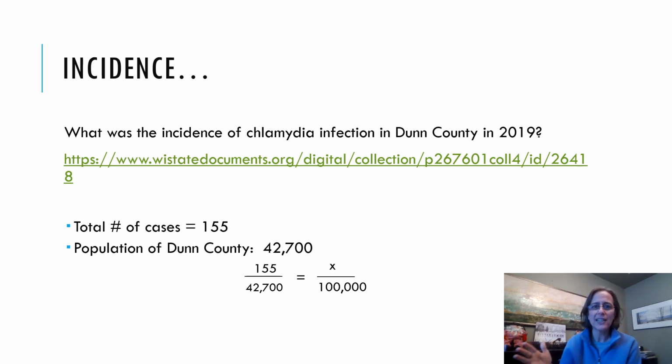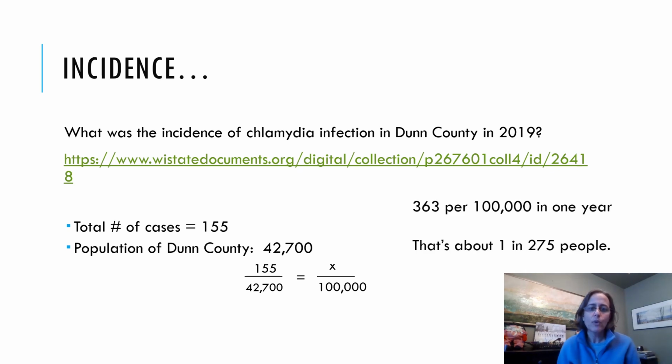If you use percentages, these are so low that it's like 0.0 something percent, and that's messy. So we like to look at out of 100,000 people. If we do the math, we will find that that's 363 per 100,000 people in 1 year, which is about 1 in 275 people.